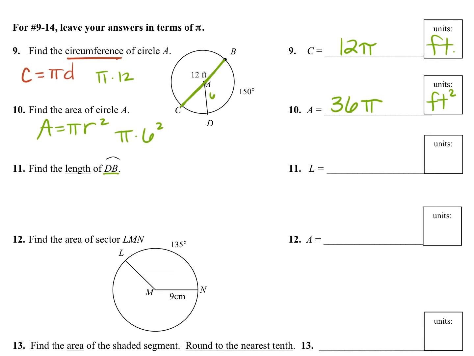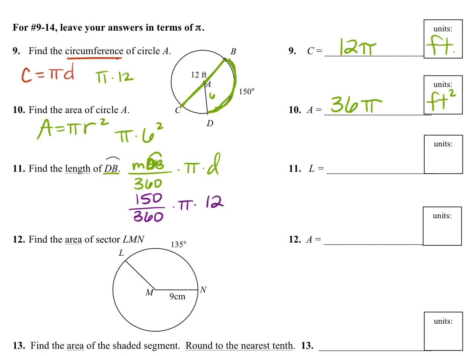Okay. Number 11, the length of an arc. So arc DB is this arc right here. Okay, you do the measure of the arc, in this case it would just be here. We'll write it as DB, sorry, over 360 times pi times the diameter. So this is going to be the arc measure 150 over 360 times pi, and then your diameter is 12, right?